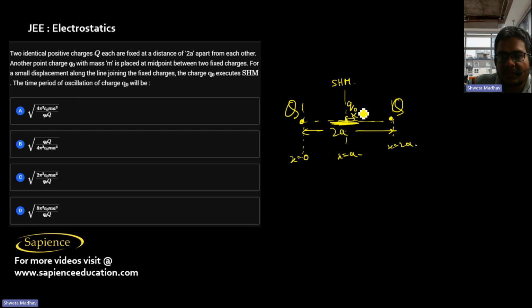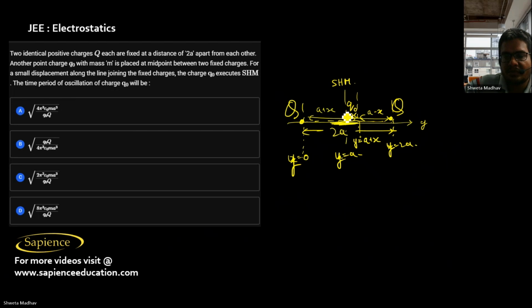So if it is displaced by a small length x, suppose we take this as the axis, with positions at 0, a, and 2a. The charge is now at a plus x, so this length is a minus x, and this length is a plus x. Therefore the net force acting will be towards the left.